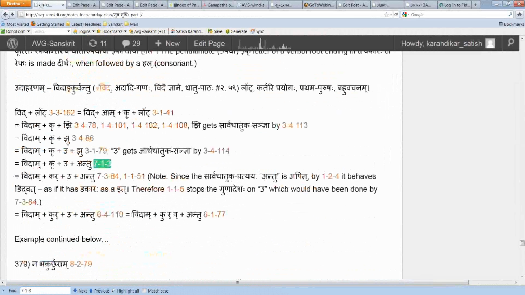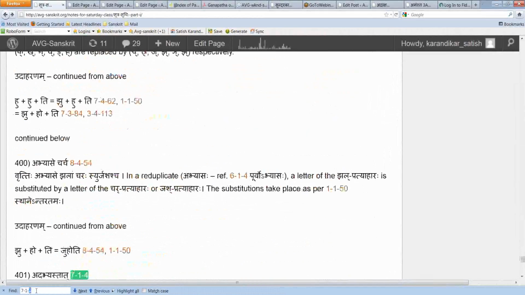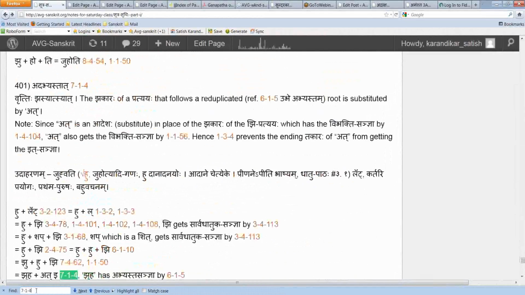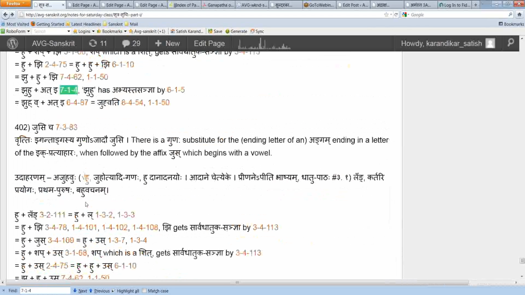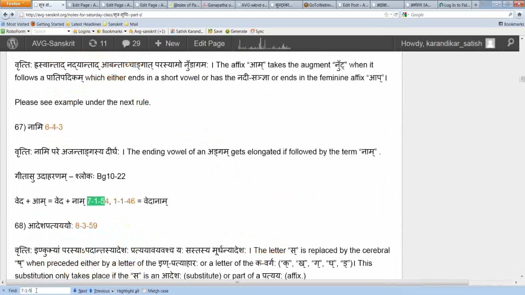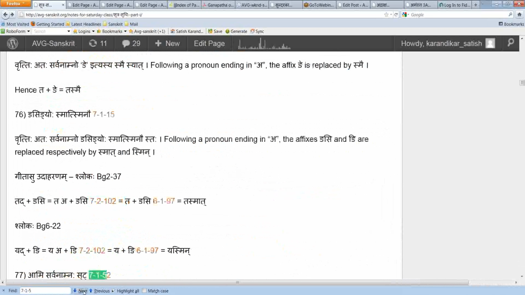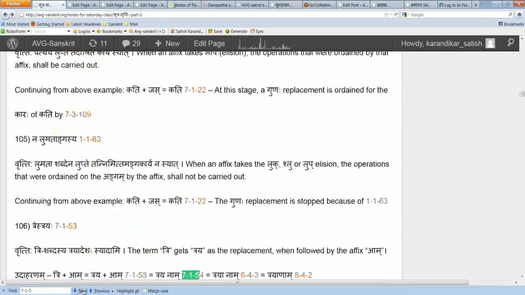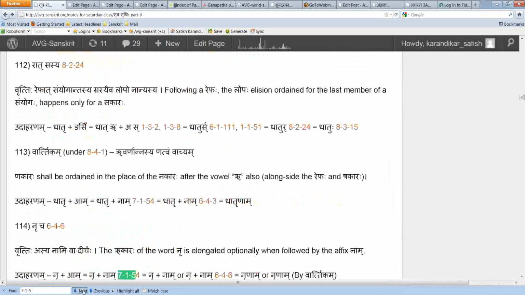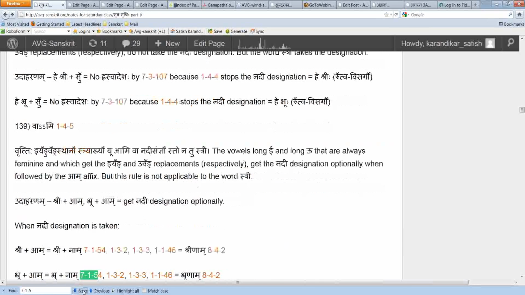But then actually let's look at 714 directly, which is Atmanepade Shvanataha. Which is 715, I'm sorry, not 714, because 714 is Adabhyastat and 715 is Atmanepade Shvanataha. Let's see, 715 should be here.